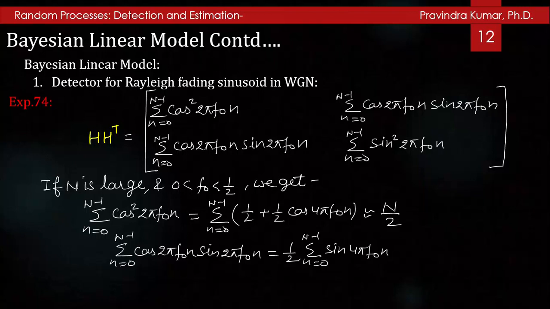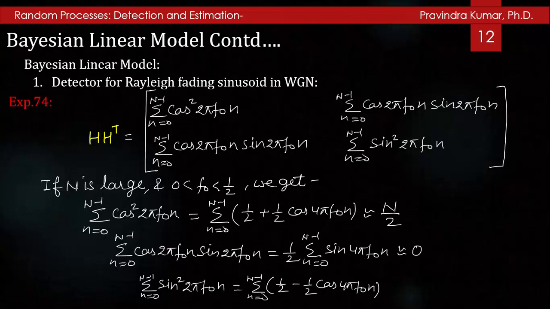Summation of cos 2 pi f naught n sin 2 pi f naught n equals 1 by 2 summation of sin 4 pi f naught n, which is approximately 0. And summation of sin square 2 pi f naught n equals summation of 1 by 2 minus 1 by 2 cos 4 pi f naught n, which is approximately N by 2.